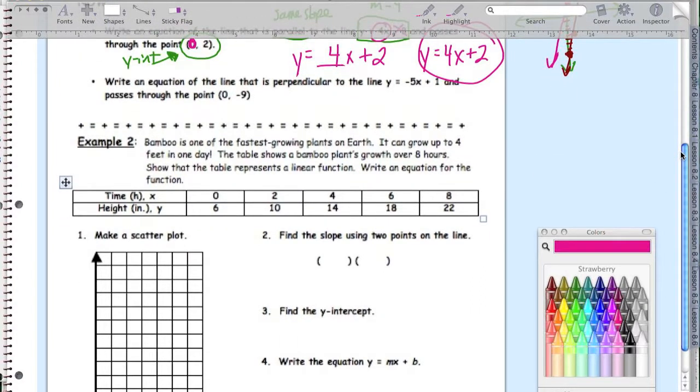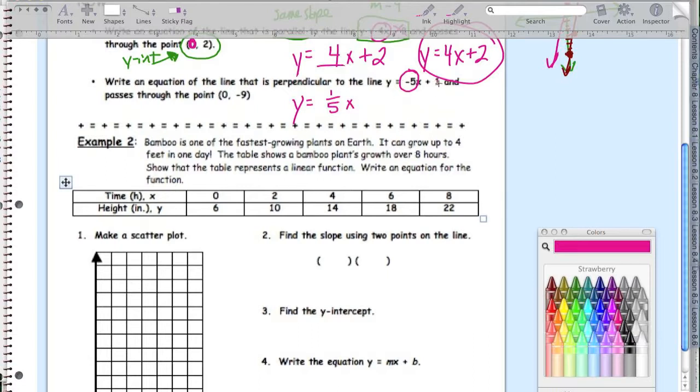All right, now let's look at the flip version. Write an equation line that's perpendicular to this equation and passes through another point. So like we saw before, we're only looking for the slope here so that we can figure out our new slope. So our new slope is now going to be 1/5 x, because that's the negative reciprocal of -5.